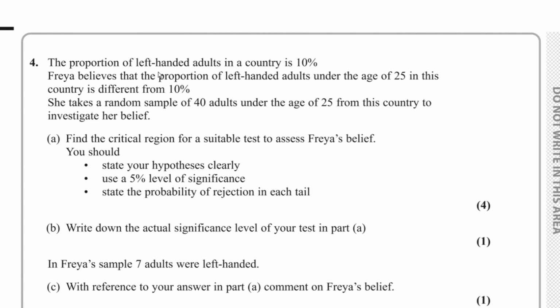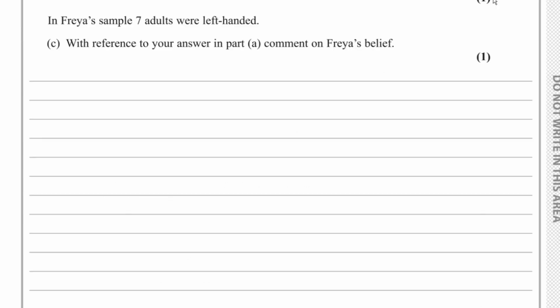Well, we know that the proportion of left-handed adults in a country is 10%. And what we are doing is looking at if the proportion of left-handed adults under the age of 25 in this country is different from 10%. So for part A, for our null hypothesis H0 we have p equaling 0.1, and for our alternative hypothesis H1 we have p not equaling 0.1.